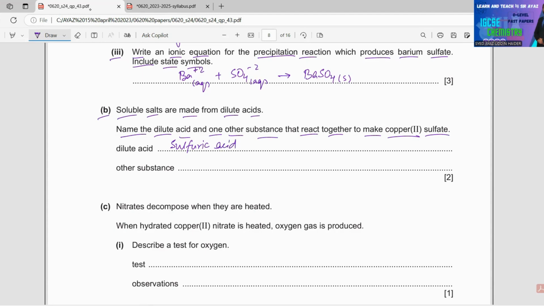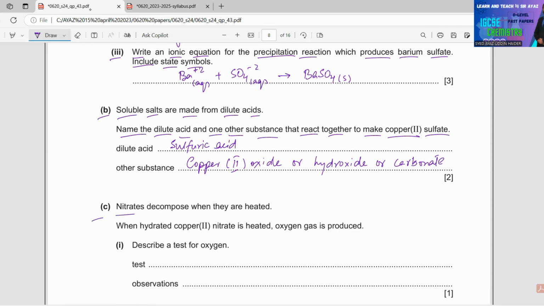For copper, you can take oxide, hydroxide, or even carbonate of copper. Copper 2 oxide, or hydroxide, or even carbonate. You can take any one of these.